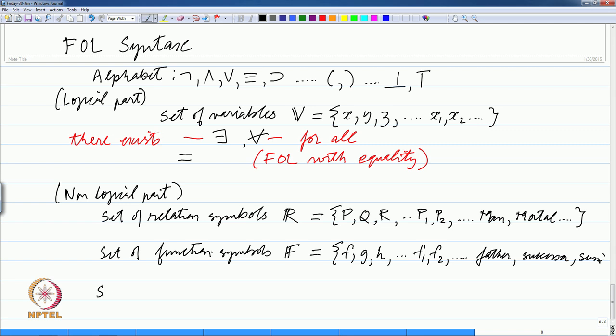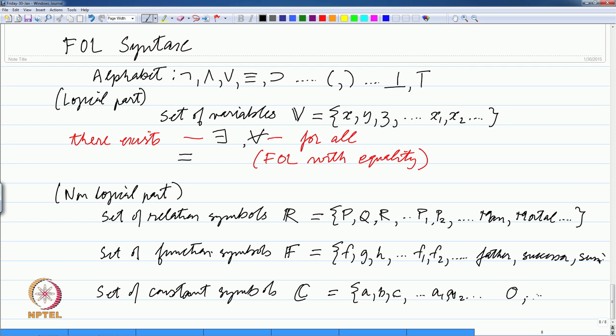And finally, we have a set of constant symbols. We will call this set C, and they will be made up of constants, and typically we use the first few characters of the alphabet, which is A, B, C, and so on, but we could use A1, A2, and so on, or something like 0 if you are talking about numbers, or a person, for example, Suresh.